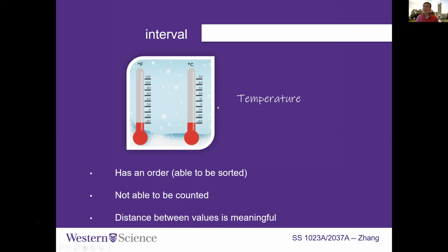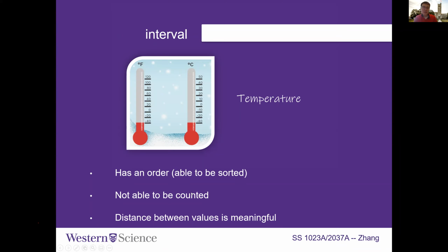No, because between 0 and 10 degrees, there could be 5 degrees, 3, 1.3, 1.233. The numbers are unlimited. So temperature cannot be counted. In that case, we say it is interval data.